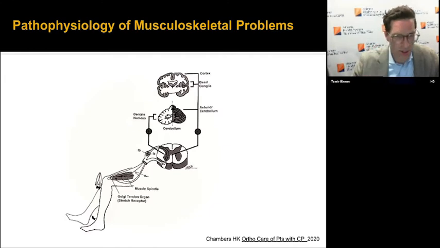So let's switch gears and go back to the pathophysiology. The musculoskeletal problems that arise in CP are largely due in part to the loss of the inhibitory signals that come down from the brain or the central nervous system and inhibit the stretch reflex arc.